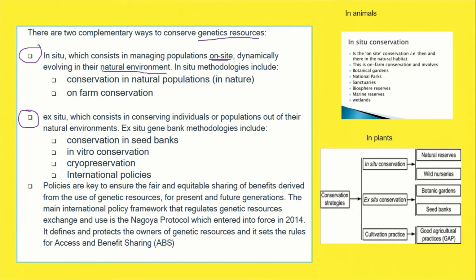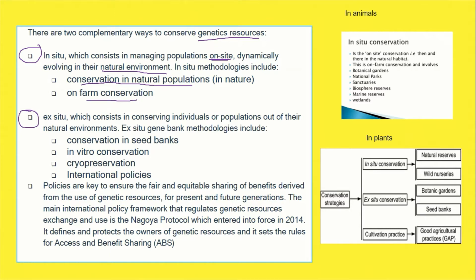So this is where we do conservation activities, where that particular genetic resource, is it a forest, is it an animal, is it a plant, is in its natural environment. So in situ methodologies will include conservation of natural populations in nature or on-farm conservation.